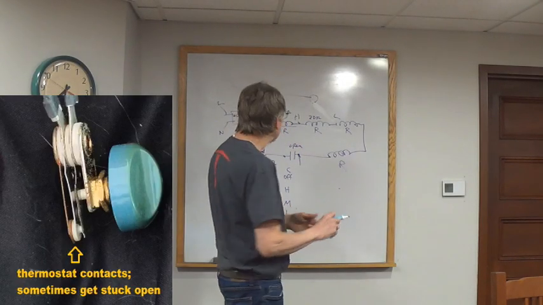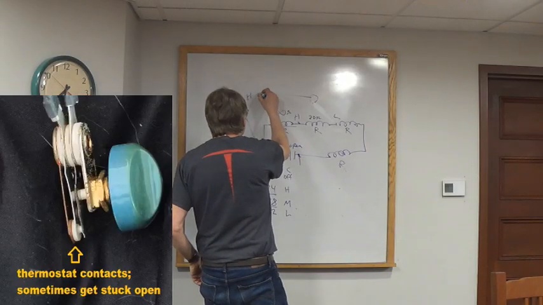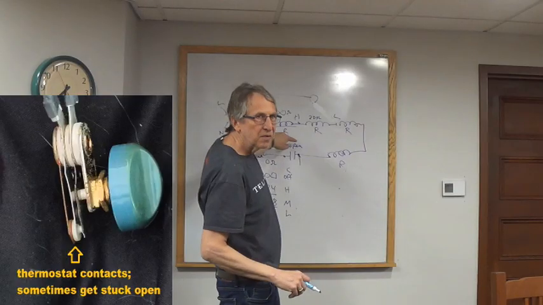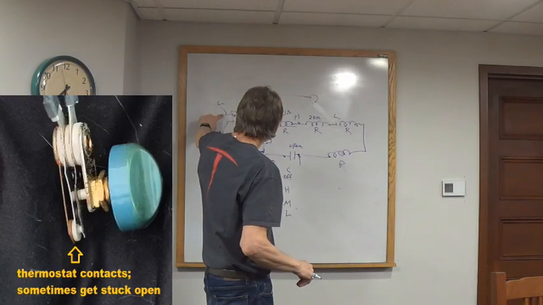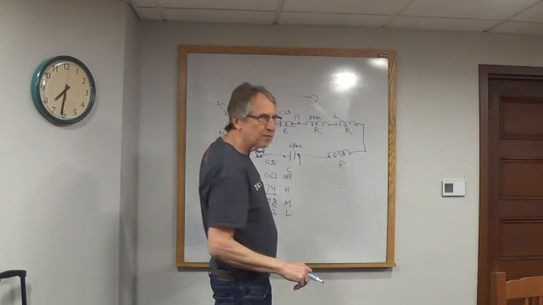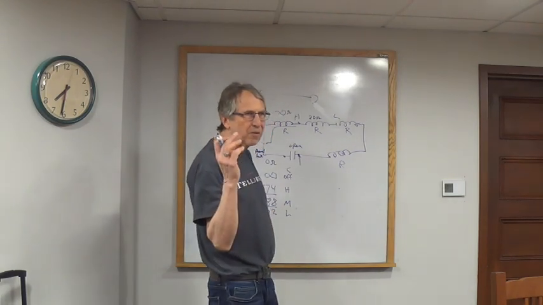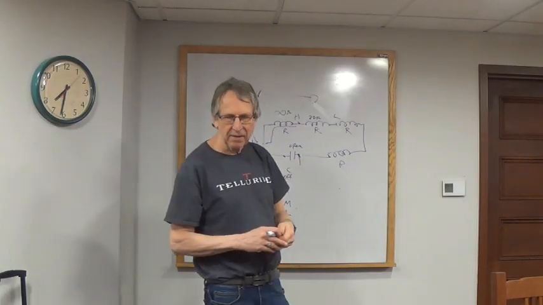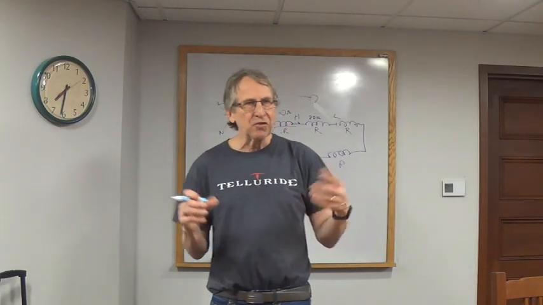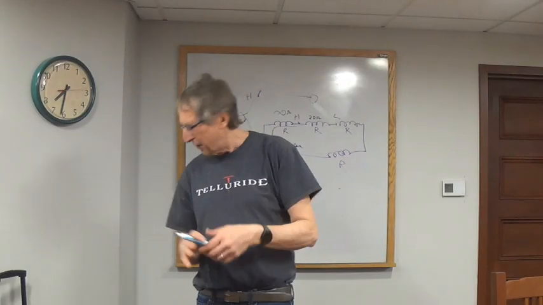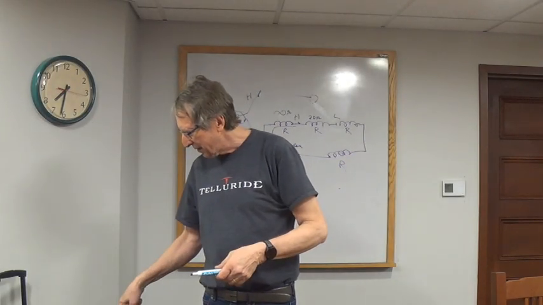If it gets stuck open, it can look like your thermal fuse, because when you check the resistance between line and neutral, you'll get all infinites. You might say, oh, it might be a thermal fuse, but oftentimes it's something simpler: the thermostat is stuck. Thermostats are pretty obvious, and in fact this fan has a thermostat, it's got 2 switches.